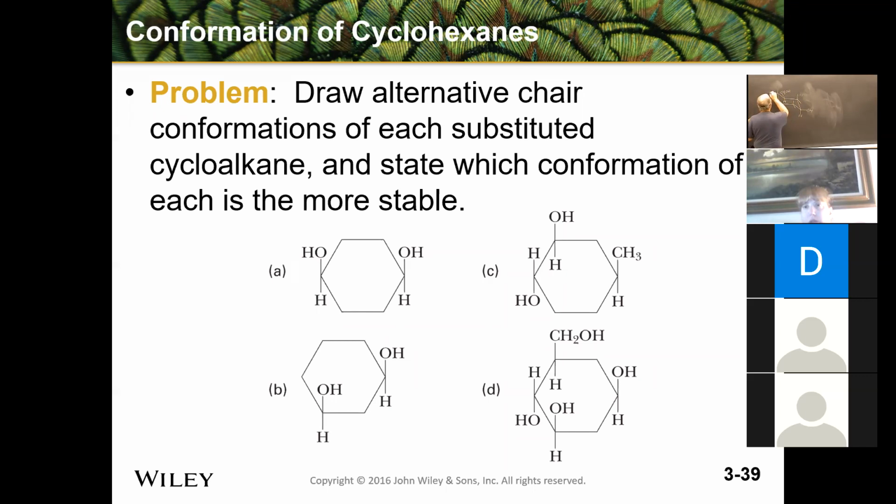I'll show that here. So OH is on the lower position, so hydrogen would be on top. And then we have an OH on top, like that, and then 2 H's on this position. That would be the alternative chair for part D.